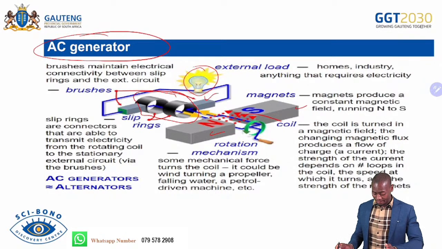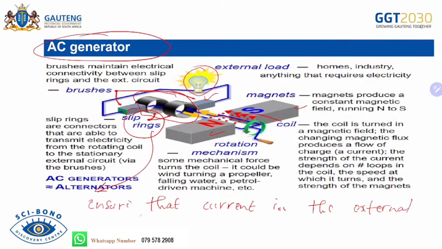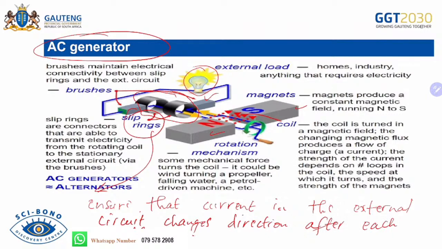Slip rings ensure that the current in the external circuit changes direction after each half turn. So that is the function of slip rings.